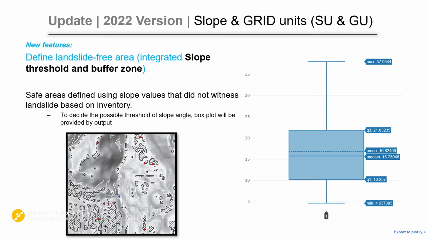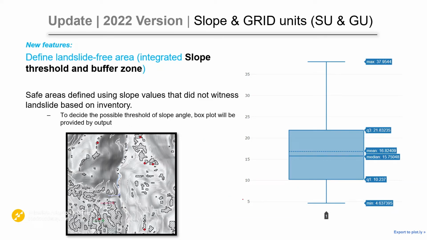The second assumption for finding the safe areas is represented by the threshold of the slope, integrated with the buffer zone. So you might ask, how can I know the safe slopes, which can simply be done with GIS by finding the slopes that do not contain landslides.